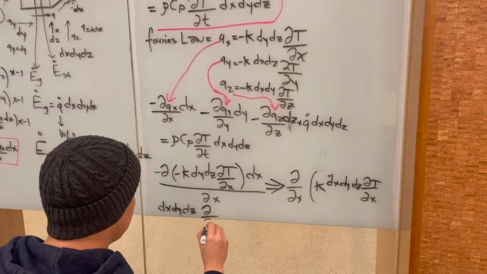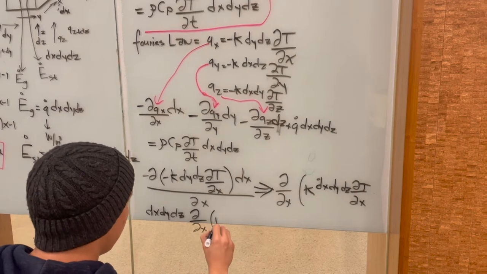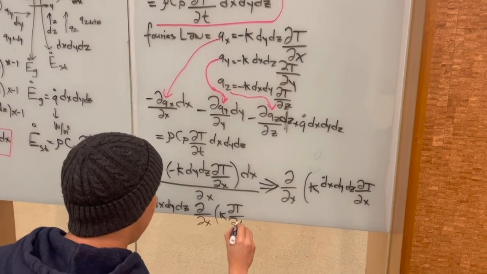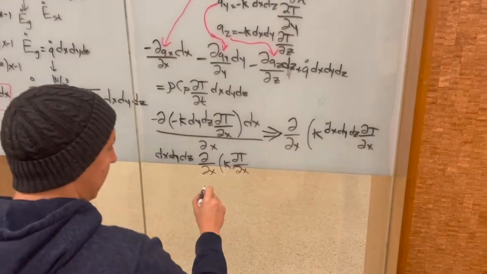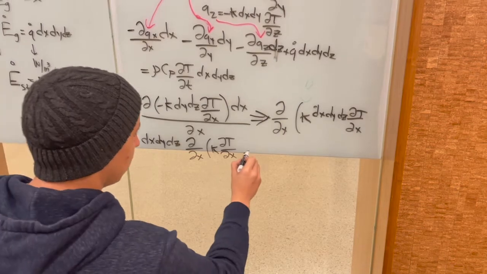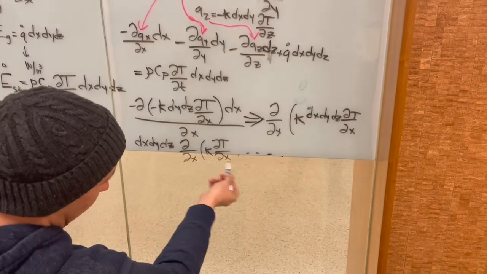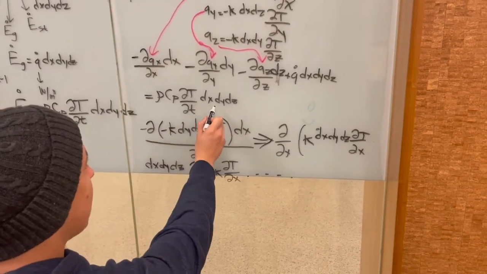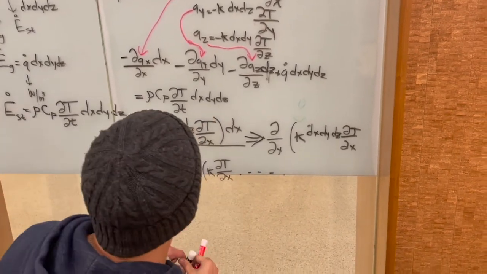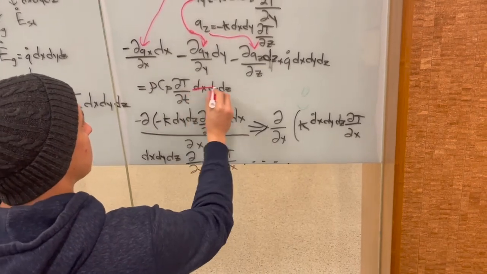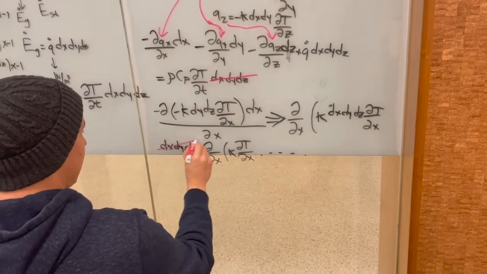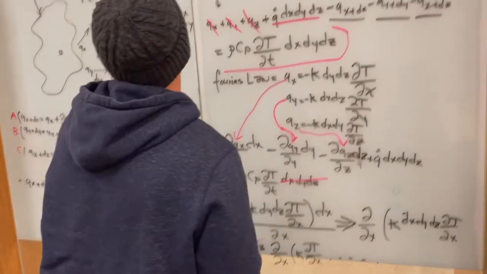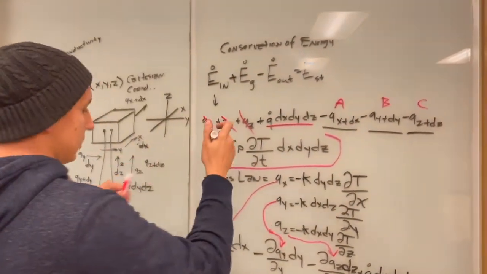It'll be like del x, and it'll be k, and then in our case del T del x, and then it would do the same thing for the y term and everything else. So dot dot dot, the same thing for y and for z. But on this side of the equation, this is going to go away with this. So if I wanted to, I'm going to write the final equation up here.